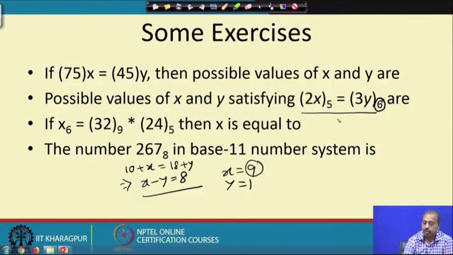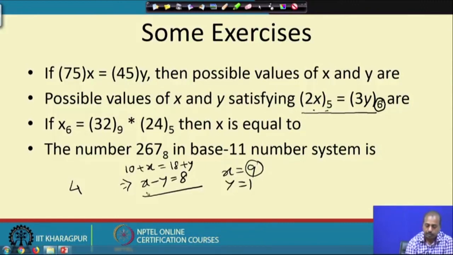If I choose y equal to 1, then I will require x equal to 9, which is not possible. So, I can choose x at most equal to 4, since the base is 5.